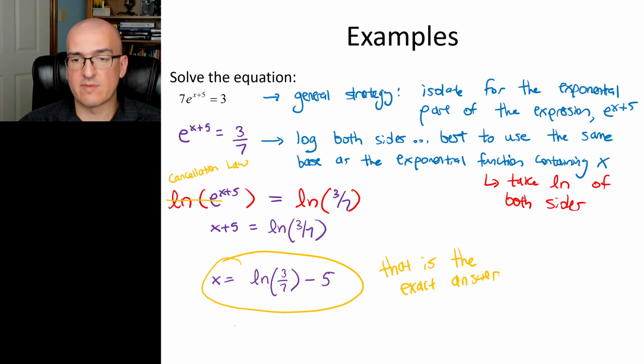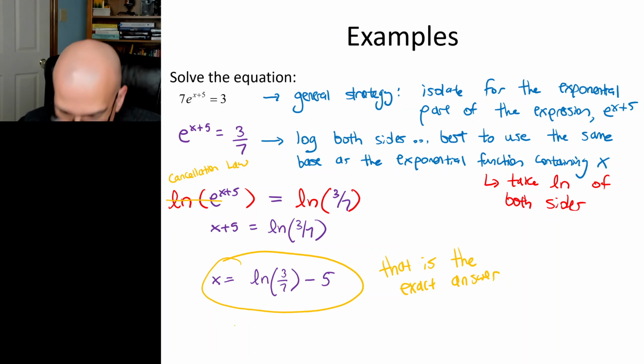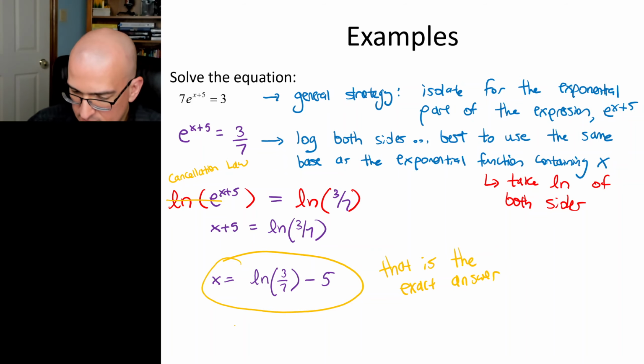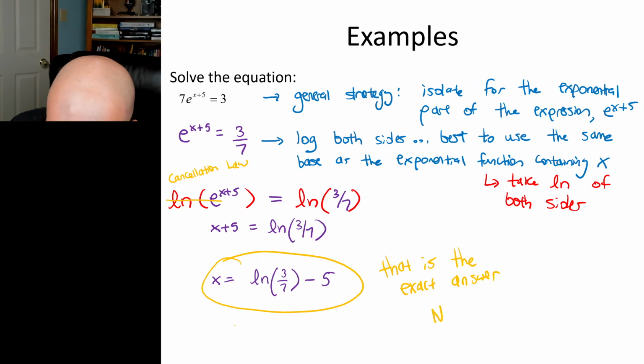It is not a nice number. Ln 3 over 7 is a weird decimal. Note: ln of 3 over 7 is some decimal number.